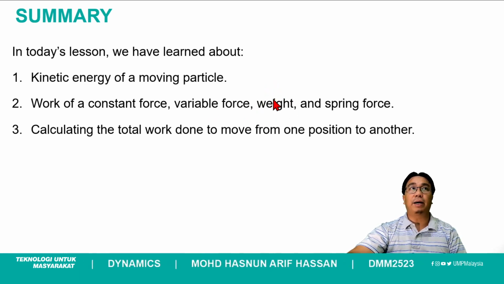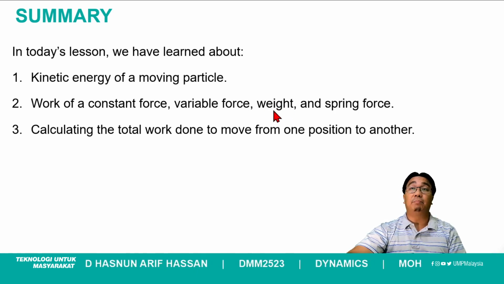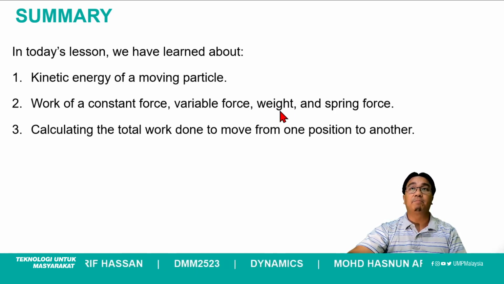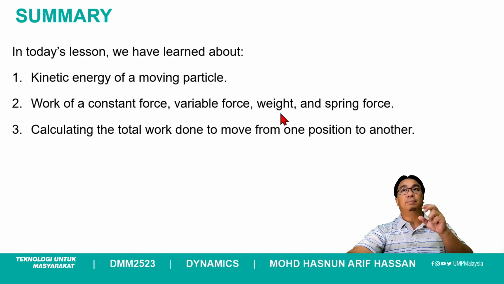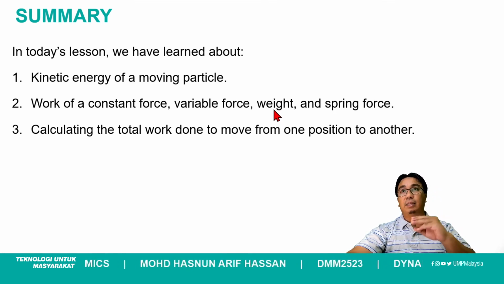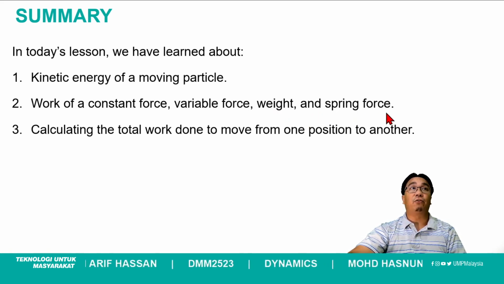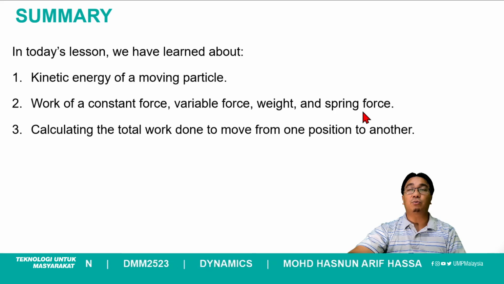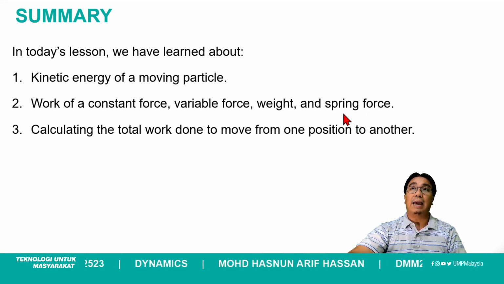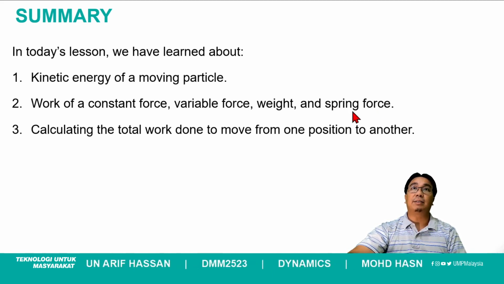Work done by weight, UW is minus W times delta Y. Okay, depending on whether the particle is going down or going up, delta Y will be negative or positive based on the situation. And finally, we learned about spring force, work done by spring force, which is US is equal to minus 1/2 K times S2 square minus S1 square.